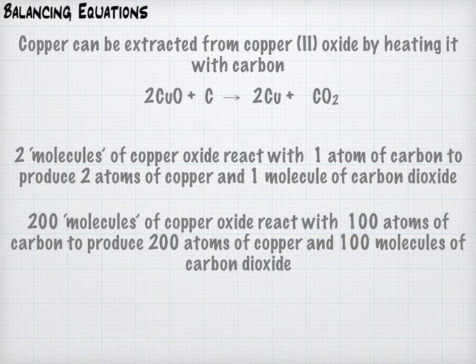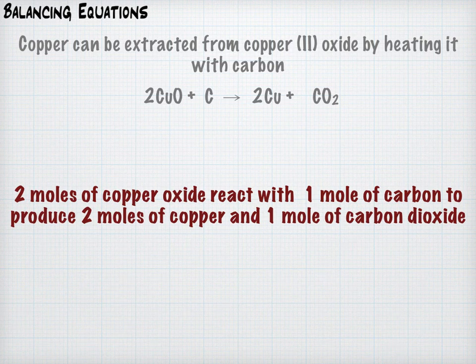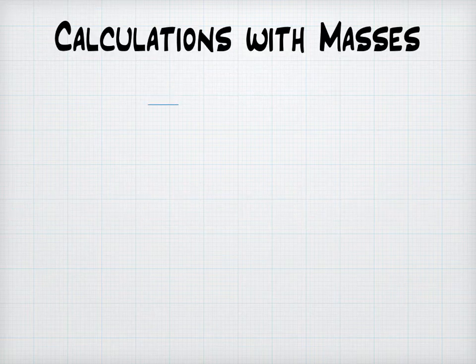Okay, but what we're going to find particularly useful is to say, okay, we can make that moles, right? We could say that 2 moles of copper oxide react with 1 mole of carbon to produce 2 moles of copper and 1 mole of carbon dioxide. That's going to turn out to be much more useful and correct. Okay, let's see what we can do with that.